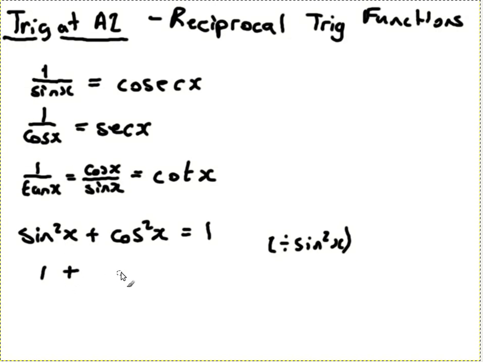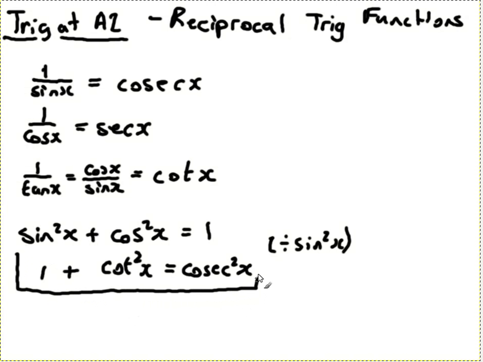Because I end up with cos squared over sine squared, well that is cot squared. And then there I'm going to have 1 over sine squared, well that is cosec squared x. And I have an identity linking two of these new reciprocal trig functions.